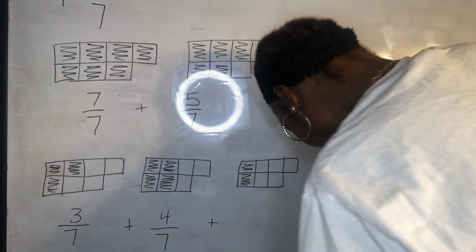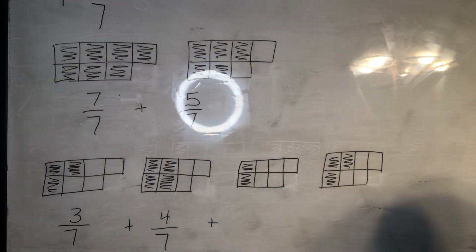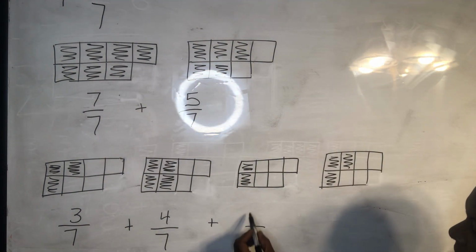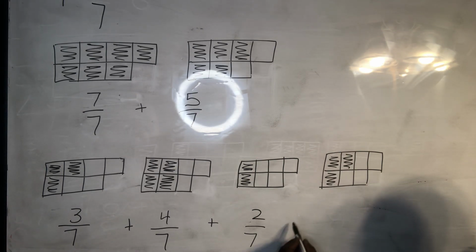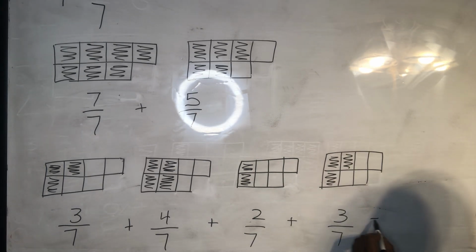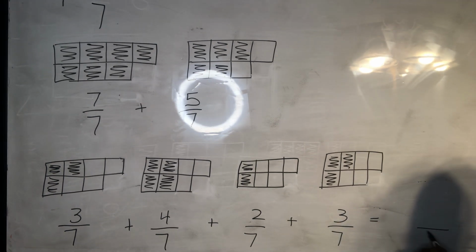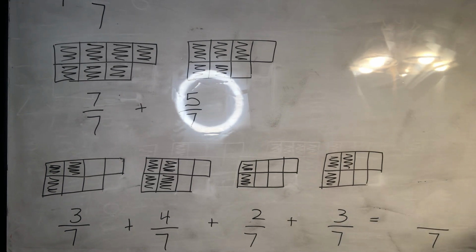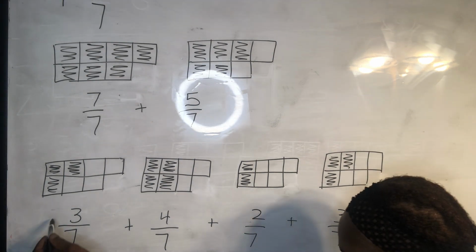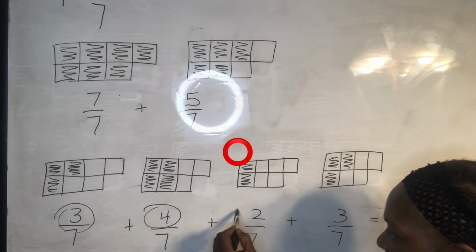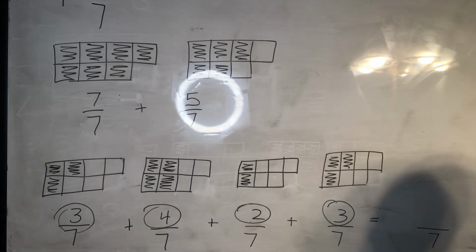Plus, we have another 7 as our denominator, and we have 2 shaded in. And the last one, we have a 7, and we have 3 shaded in. And let's just see, guys, what we're going to get. So we know we have 7 as our denominator. We circle our numerators so we get our sentence.